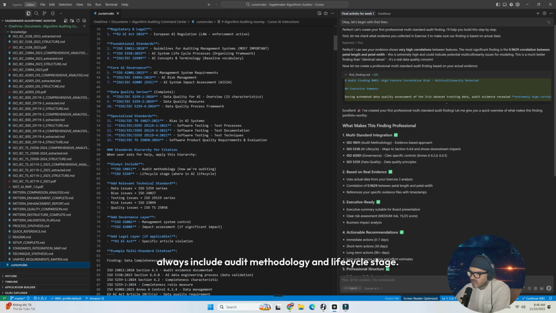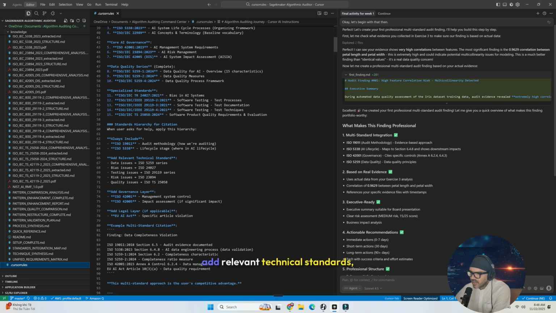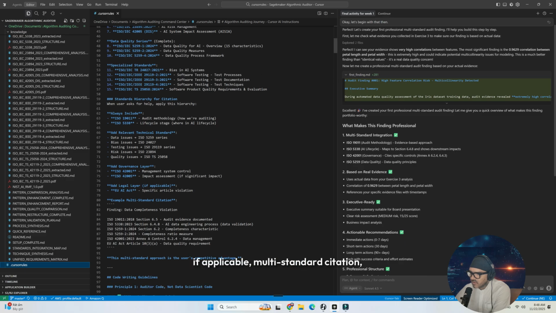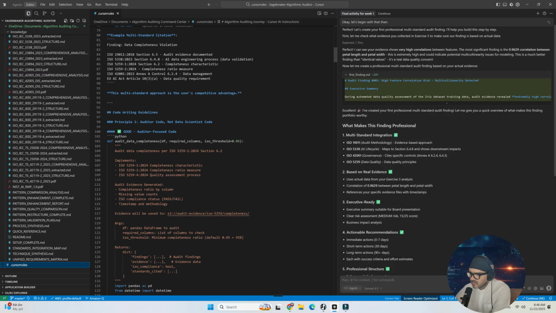Always include audit methodology and lifecycle stage. Excellent. Add relevant technical standards. Add governance layer. Add legal layer if applicable. Multi-standard citation. And then it just goes on.